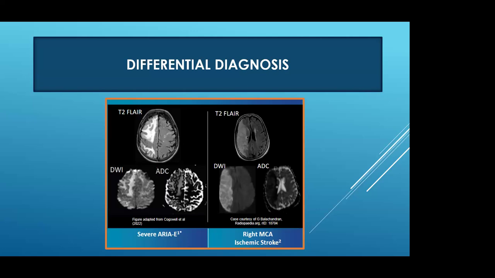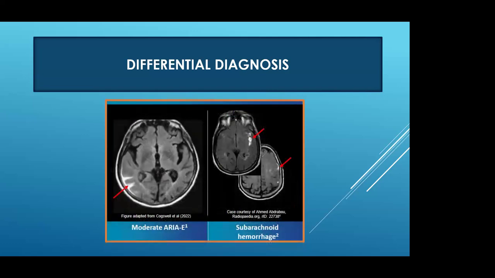A stroke will present characteristically with a syndrome that we should be able to differentiate, not with only a headache or blurred vision or something along those lines. So the clinical picture will also help us differentiate among these patients.